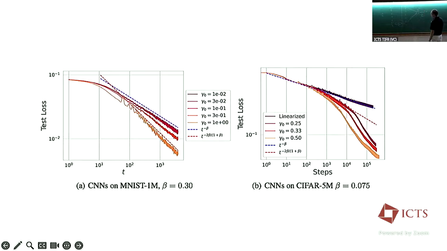I calculate the NTK matrix, so this is a matrix that is data, X X prime. I do this over the full data set, so this is a matrix that is P by P. I diagonalize it, look at the eigenvalues. So that's this matrix over here.